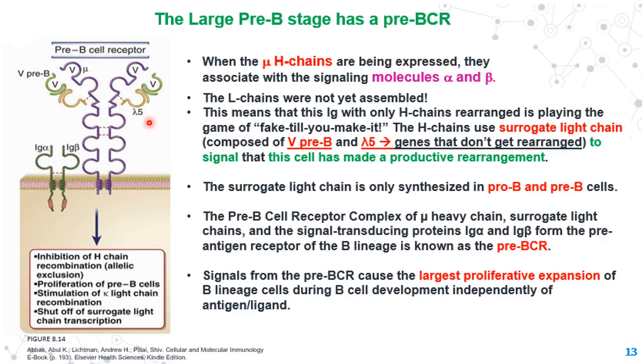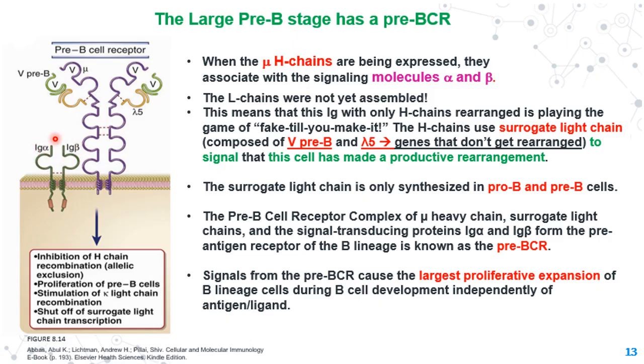Okay, so the pre-B cell receptors, what do they have? They have the heavy chain that they are testing, they have the surrogate light chain, and they also have these other two immunoglobulins. So those are very, very important for signal transduction, right? So this is your Ig alpha and Ig beta.